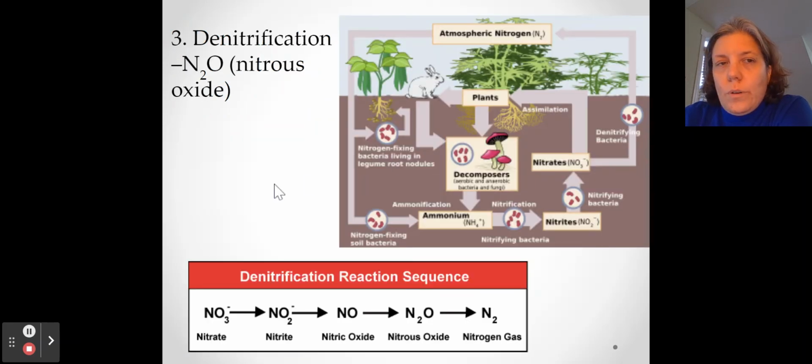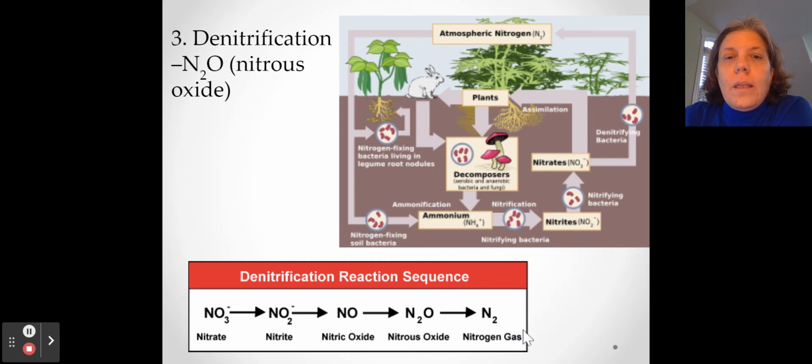And then another source of natural greenhouse gases is denitrification. We get a little nitrous oxide from that. Here's my denitrification reaction sequence: I've got nitrate, then it turns into nitrite, nitric oxide, nitrous oxide, and nitrogen gas.